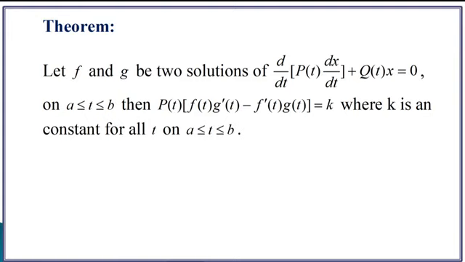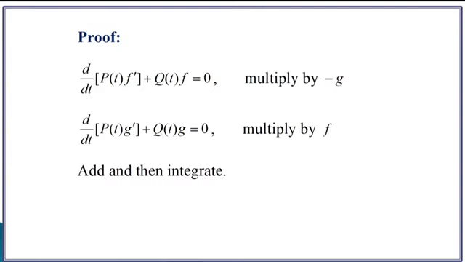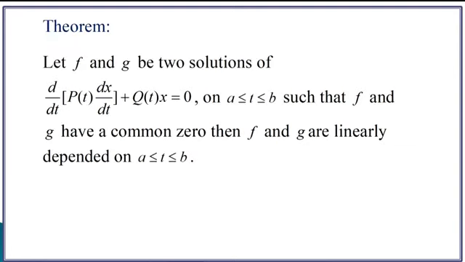So where we have f dash, the derivative of f, we need to multiply by g, and where we have f we need to multiply by g dash. So in the first equation we have f dash, therefore we multiply by minus g. In the second equation we have g dash, so we multiply by f, and then adding them and integrating them gives the required result.